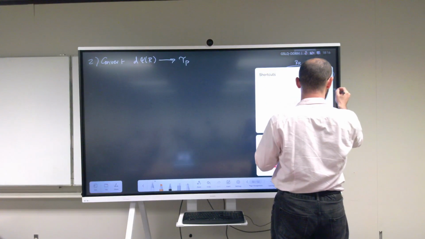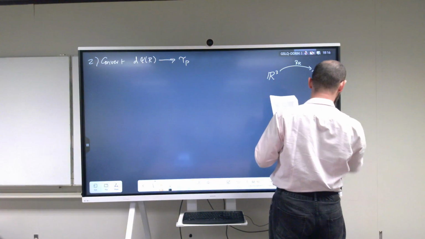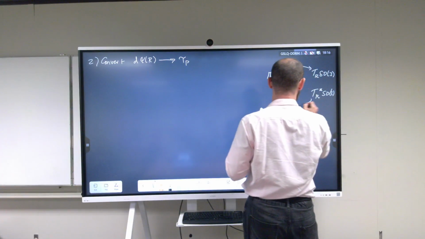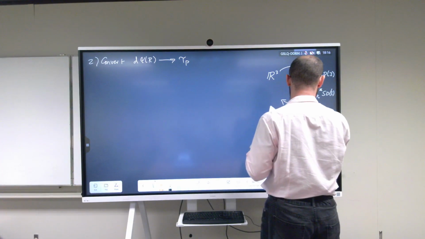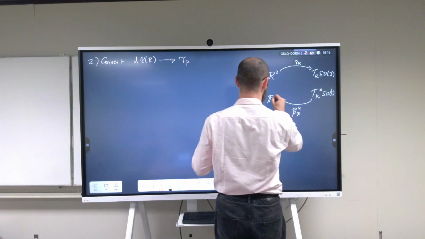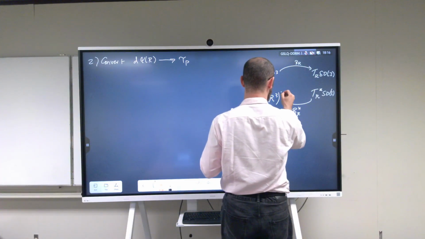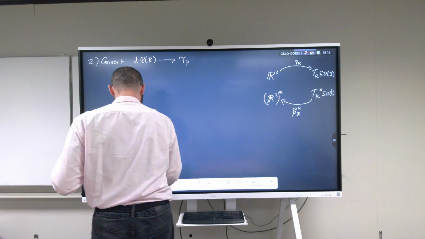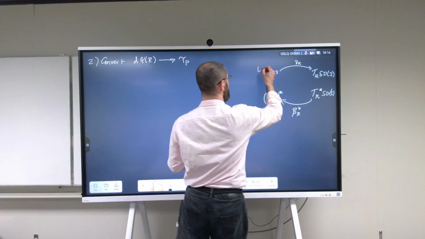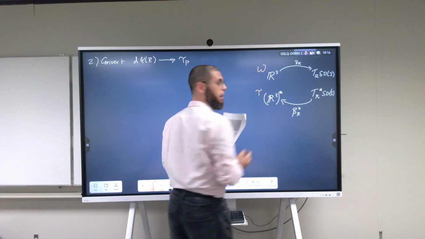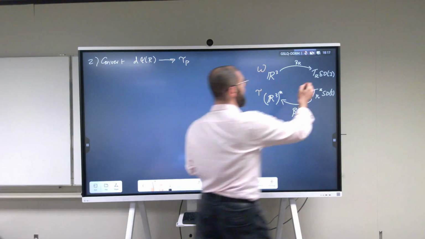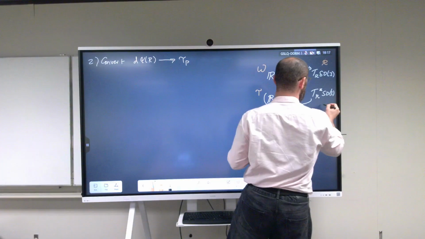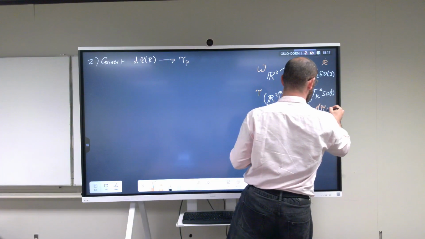The covector we're interested in is mapped through the dual of that map to the dual space of the one with omega. So here, if there is omega, here there is the tau. They are dual to each other. And here, if there is R dot, then we have here d psi of R.